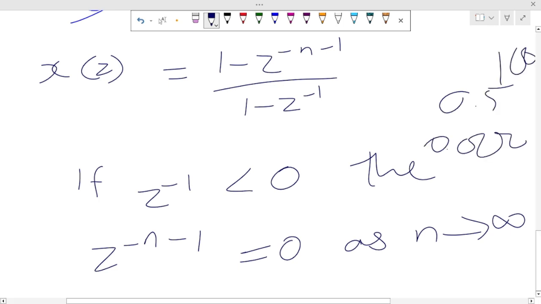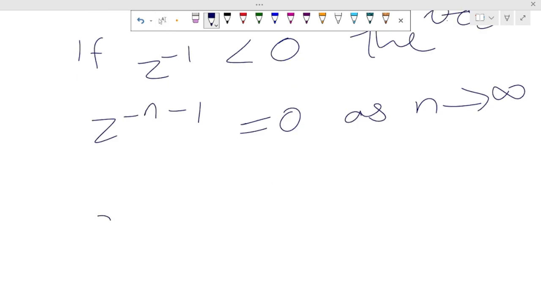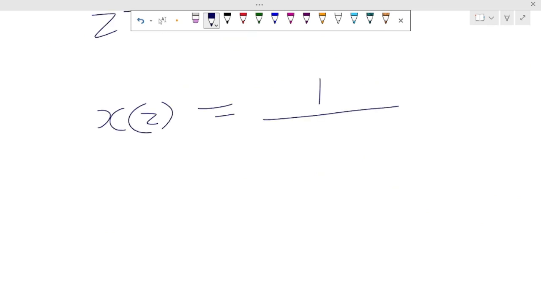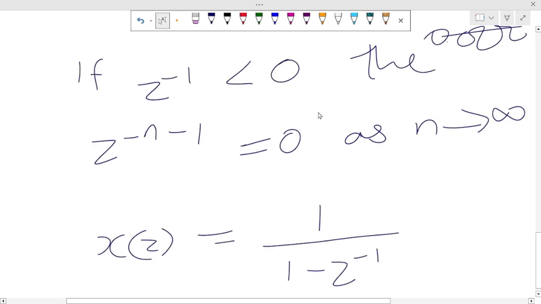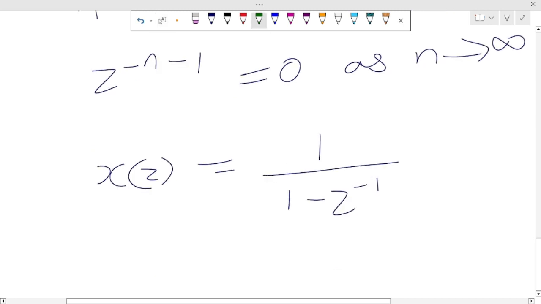So just consider all these parts that bear the power of n to be 0, meaning x of z will be equal to 1 over 1 minus z raised to the power minus 1. So this should be our final answer.